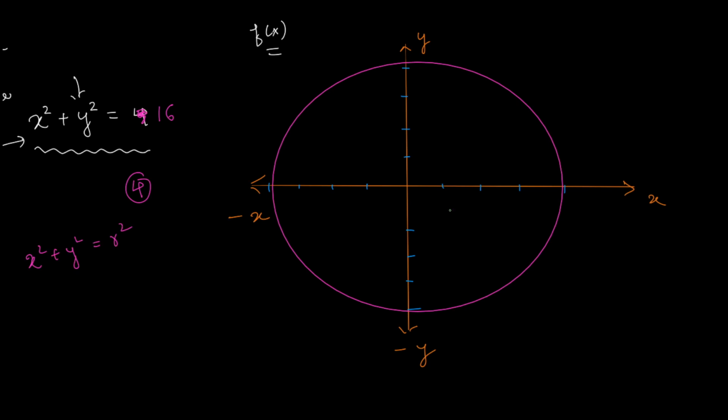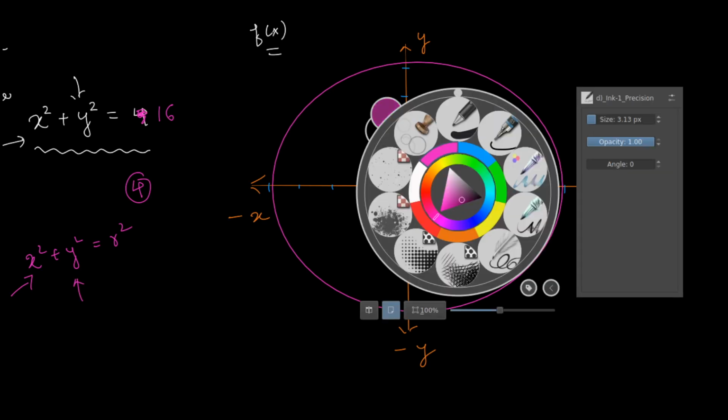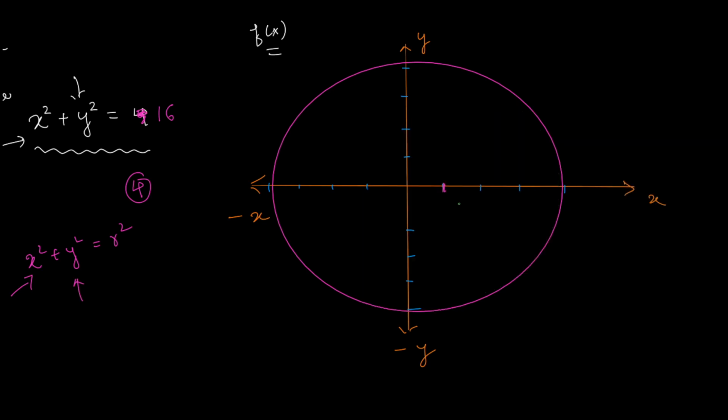This is a circle. For now, the independent variable is usually x, and the dependent variable is usually y. So let me try to evaluate that. Let me choose the value of x to be 1, and let's see what happens. If x is equal to 1, I can in fact evaluate y from this equation.